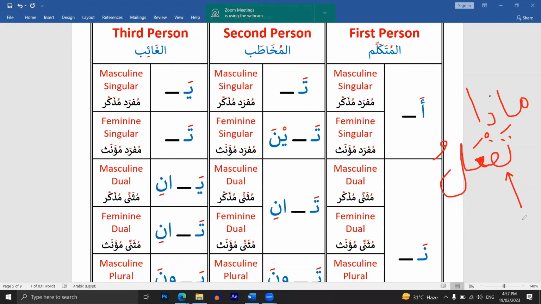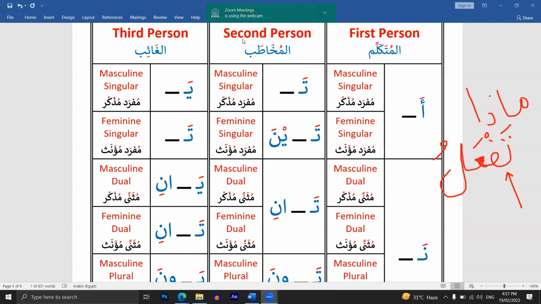For example, if I'm talking to you, understand? The context of the sentence, you will know how to differentiate. Like if I'm saying Ahmed, ماذا تفعل؟ So I'm talking to Ahmed. So in this case, it's masculine singular, second person, right?